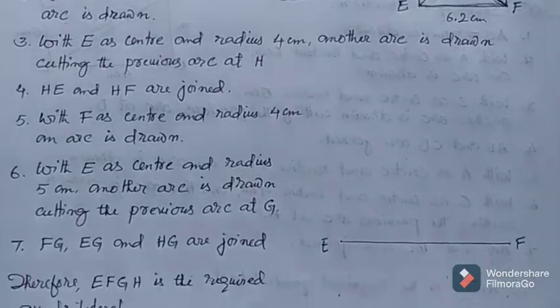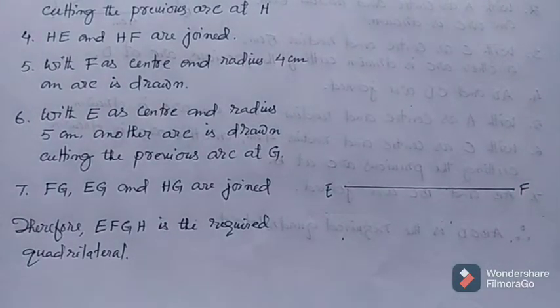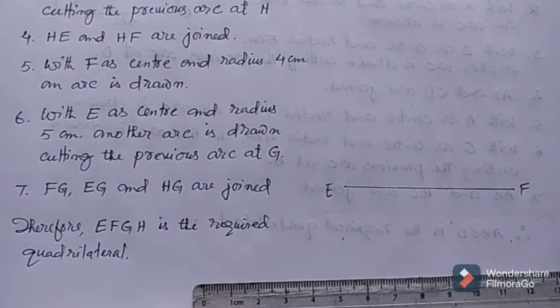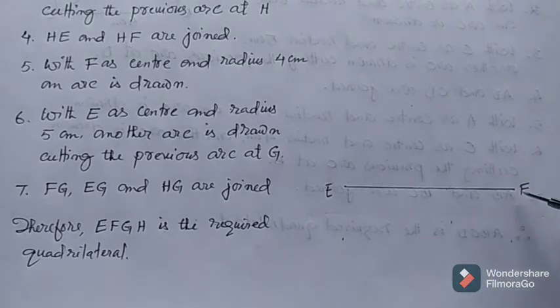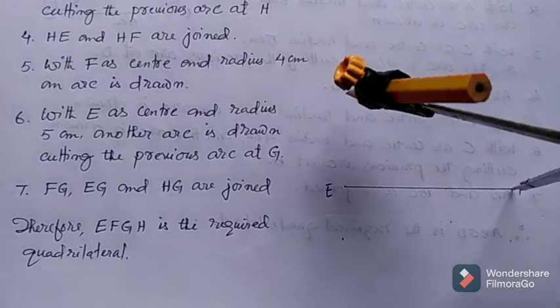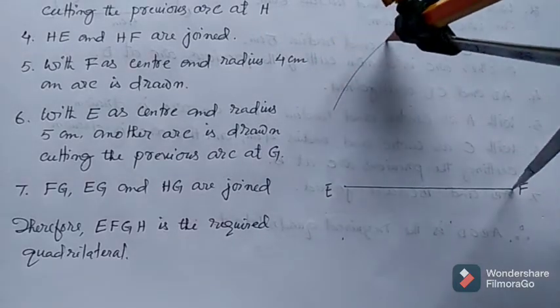So let's do this second step. The radius is now 7.3. Yes, exactly, it is 7.3. Taking F as center, we draw an arc whose radius is 7.3.